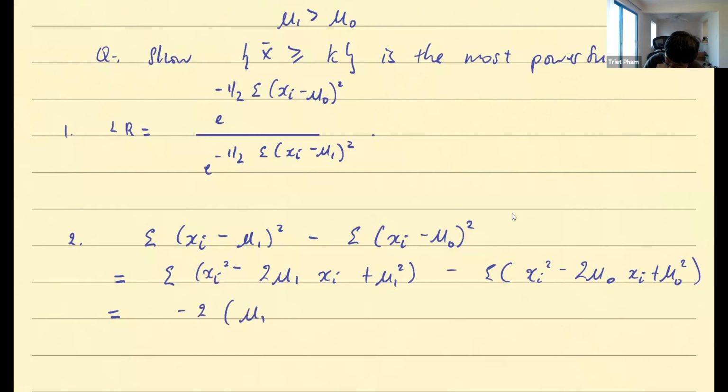I got mu1 minus mu naught. And exactly, because I know that's what I want. That's n x bar. Are we okay with this?